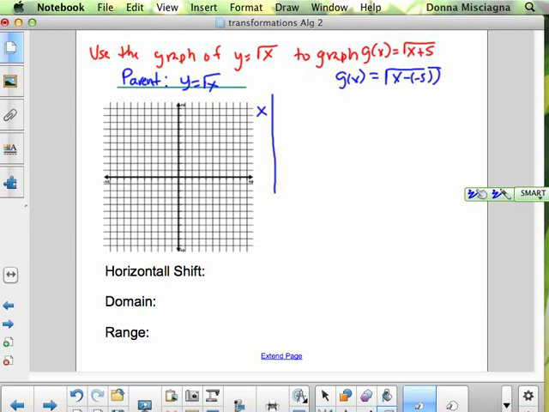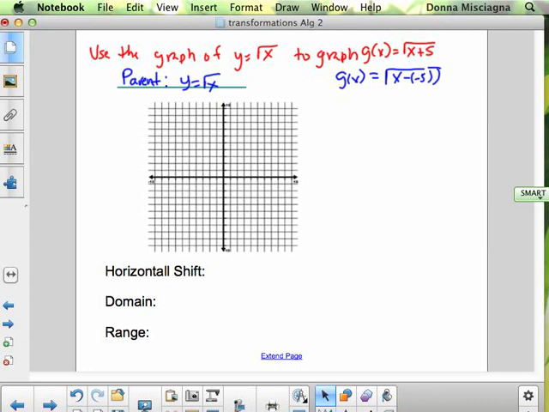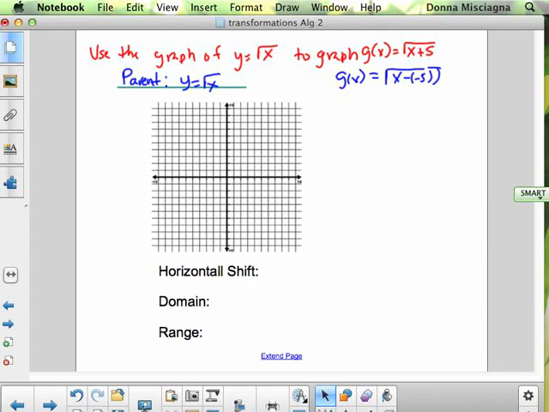Unless you are really looking to graph a lot of decimals, it behooves you to choose values that are perfect squares, that are easy to take the square root of.